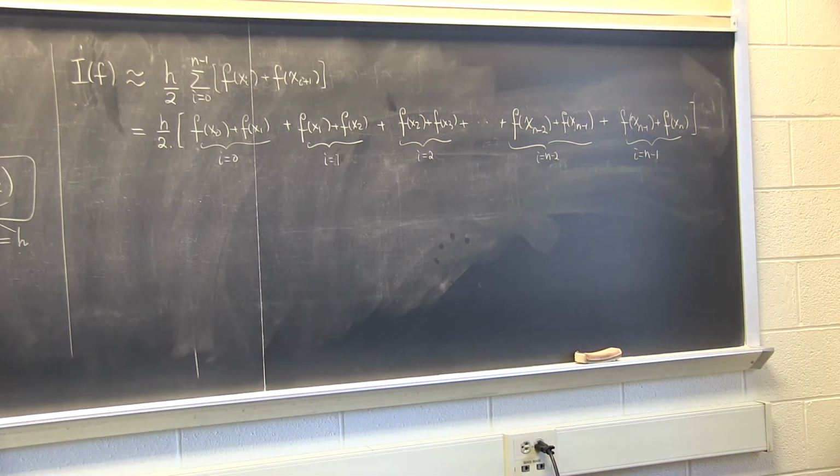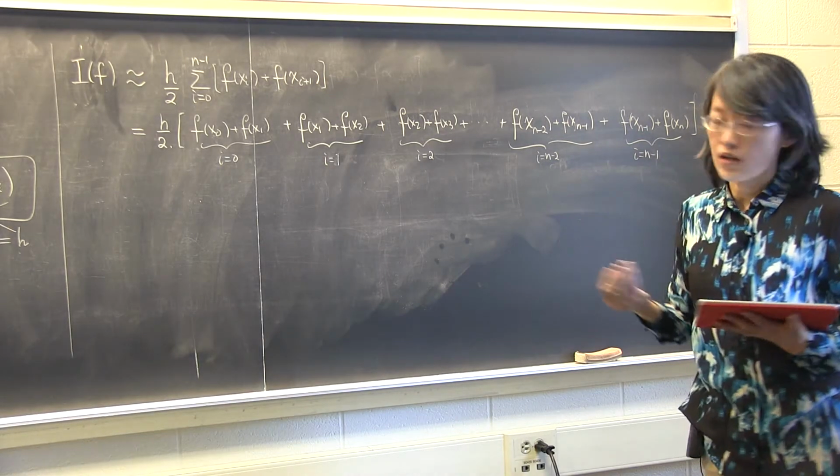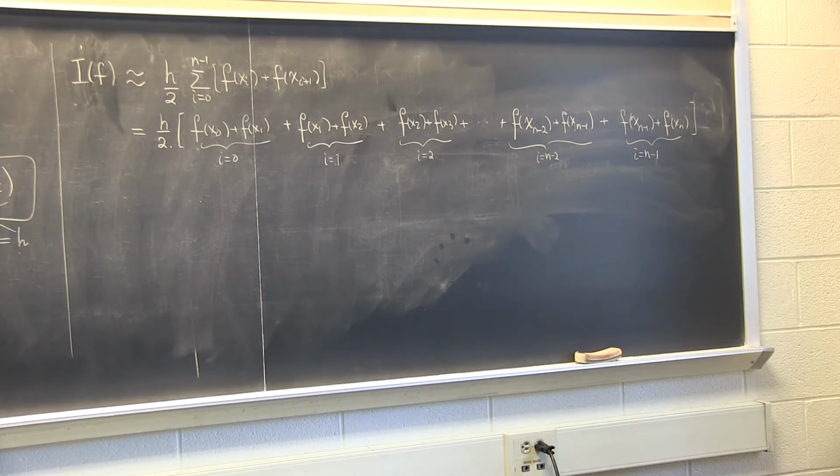Okay, so the reason I write it out, well, several reasons. We are going to code this algorithm in a computer, so you have to be aware what is computationally costly and what operation doesn't matter, what you can afford to do.